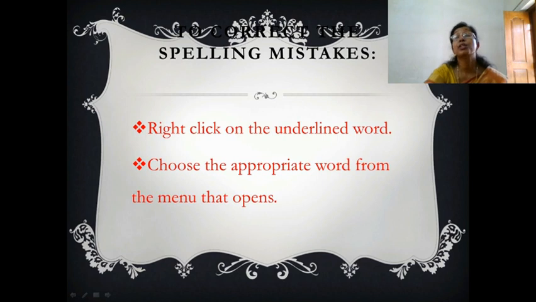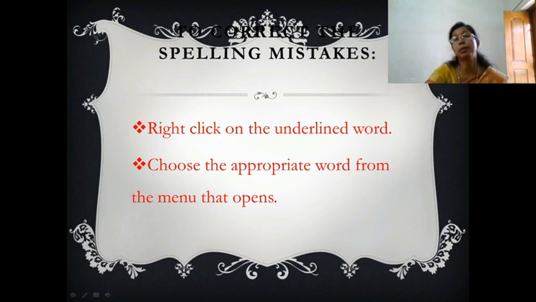That means in the shortcut menu you can see the correct spellings. Choose the appropriate word from the menu. Click on ignore if you don't want to change. So to correct the spelling mistake of a word, just right click, a pop-up menu comes, and select the word from the menu.